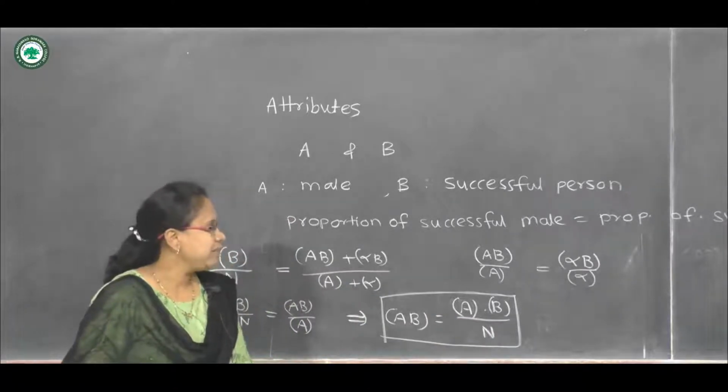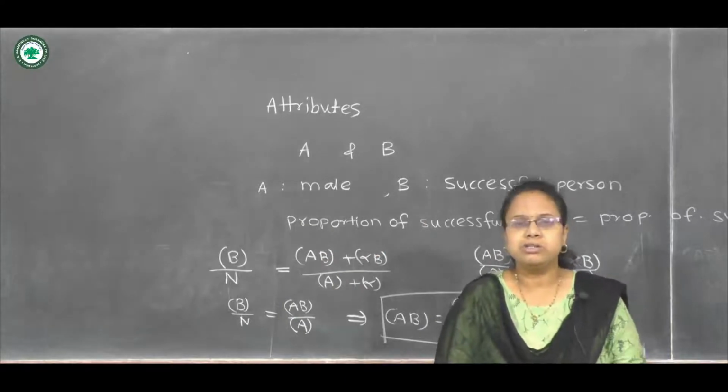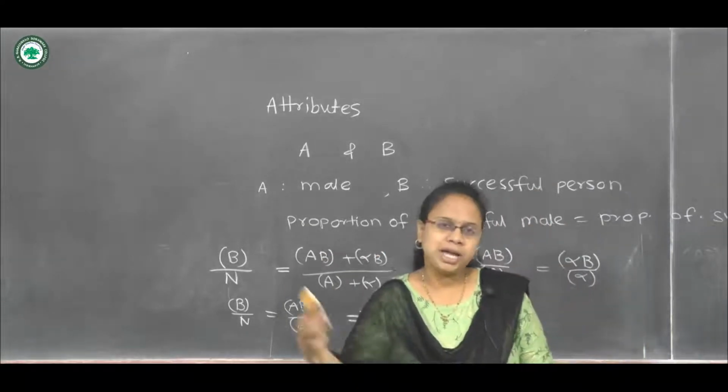Similarly, we can show that the attributes A and beta are independent, and also the attributes alpha and B are independent.